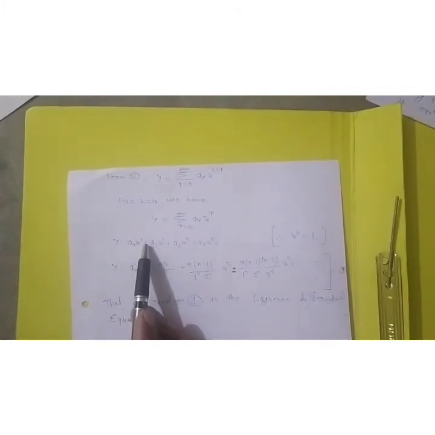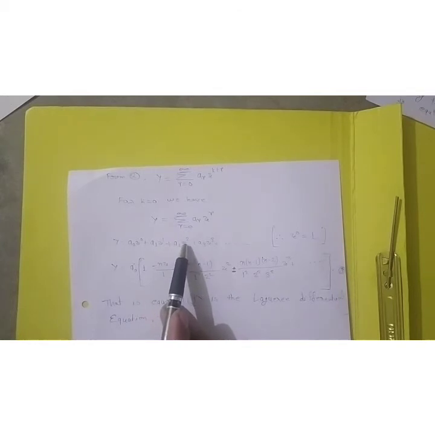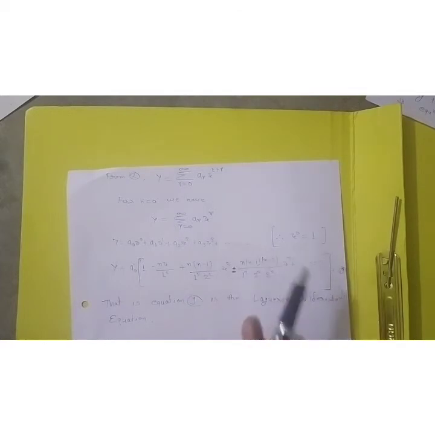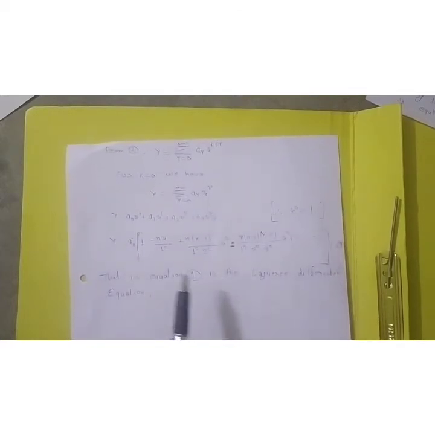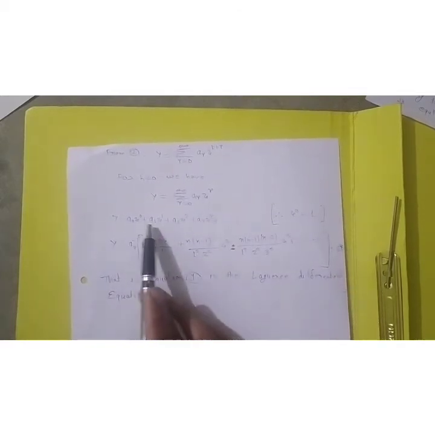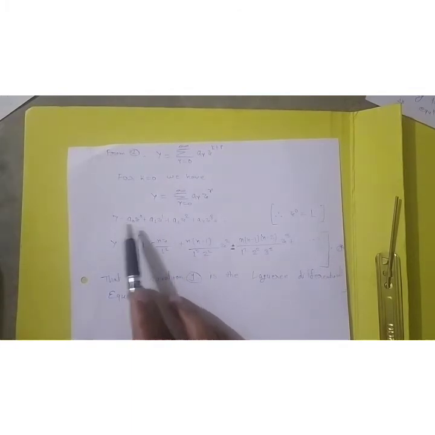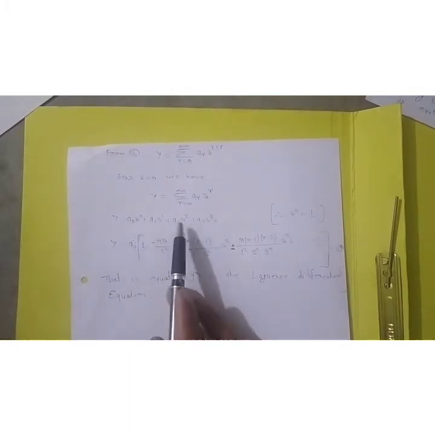Now y is equal to a naught x to the power 0 plus a1 x to the power 1 plus a2 x to the power 2 plus a3 x to the power 3 and so on continuously, and put the given values of a naught, a1, a2, a3.